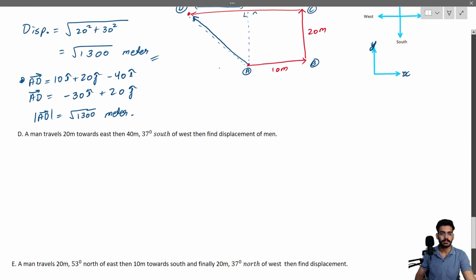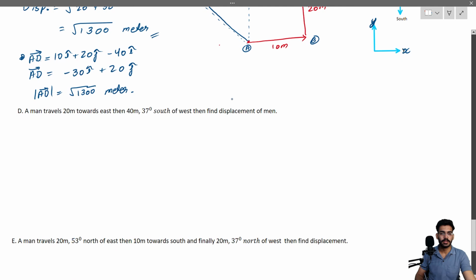Next thing: a man travels 20 meter towards east, then 40 meter towards 37 degrees south of west. This you have to understand, how it is going. So, xy direction. As he talked about east west, I will draw east, west, north and south. Then he traveled 20 meter towards east, so 20 meter in this direction.